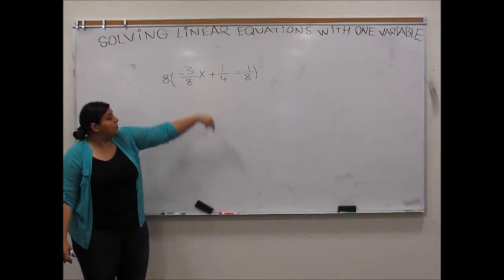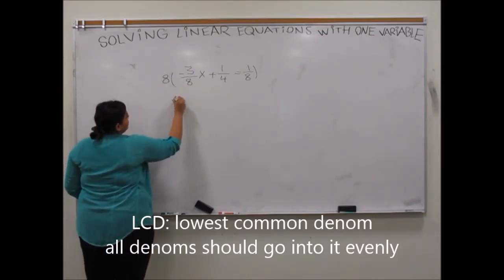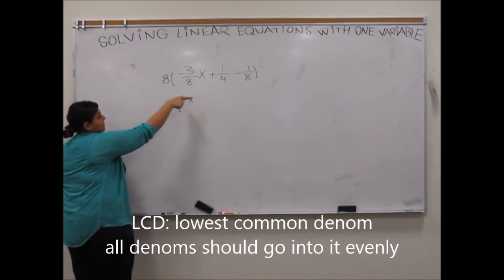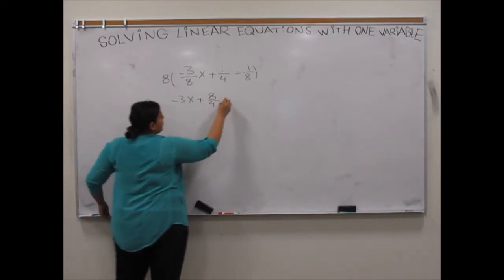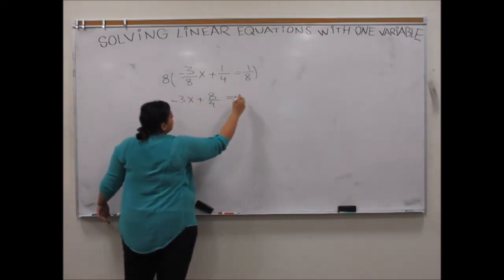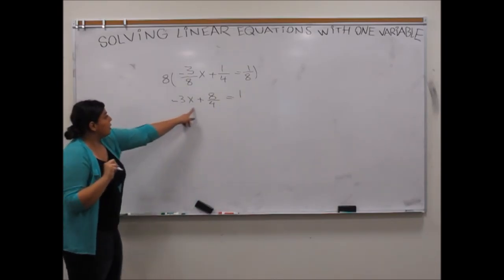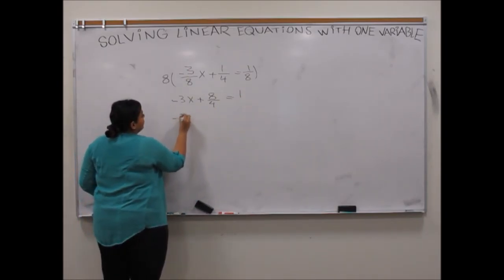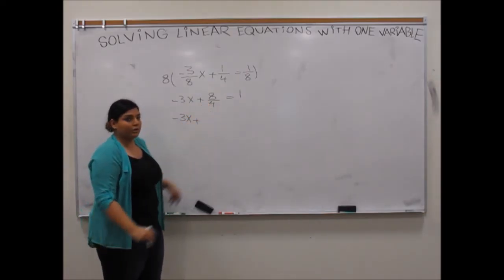If I multiply everything by 8, I'm going to get just negative 3x, as the 8's cancel each other out. There, I'm going to write that down. 8/4 equals, that is going to be 8/8, so just 1. Now I'm going to make it even simpler. 8/4 is just 2.